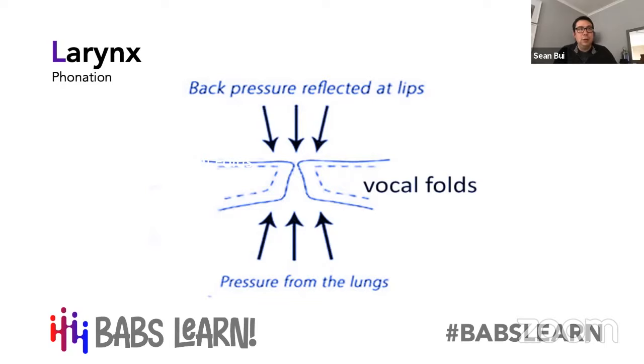If you are using humming or an M sound or an NG sound, those sounds are produced by air coming out of your nose, and if you push your nose, then it stops. But there's nothing between your vocal folds and the air coming out of your nose to create as much back pressure as some of these other ones.